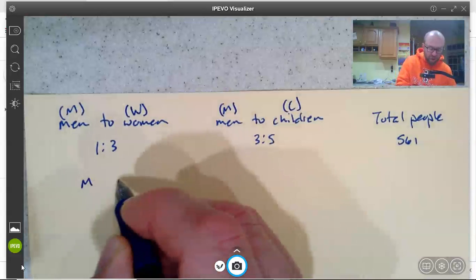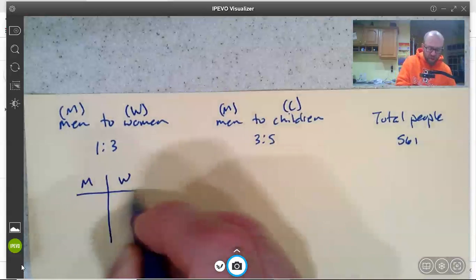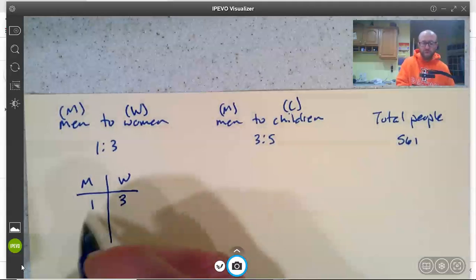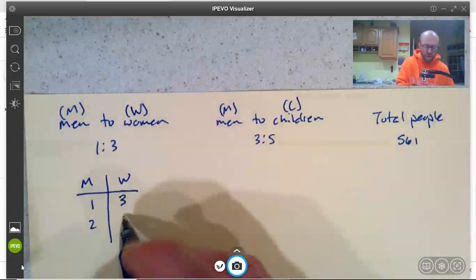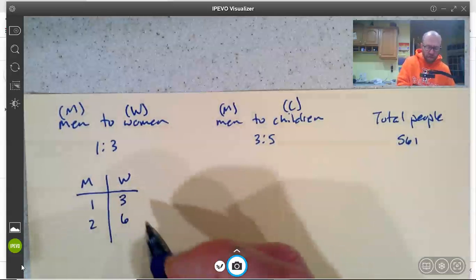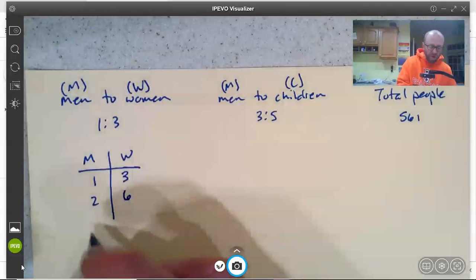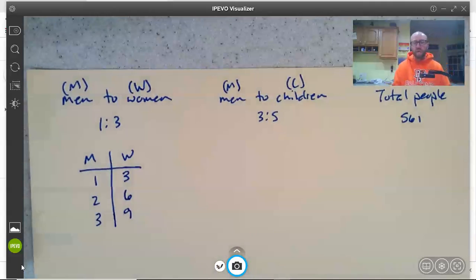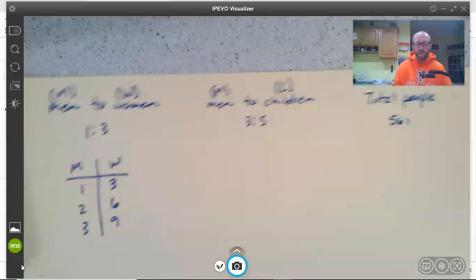What we mean is, I'm going to make a table. For every 1 man in the theater, there are 3 women, meaning that if there were 2 men, there would be 6 women. Or if there were 3 men, there would be 9 women.